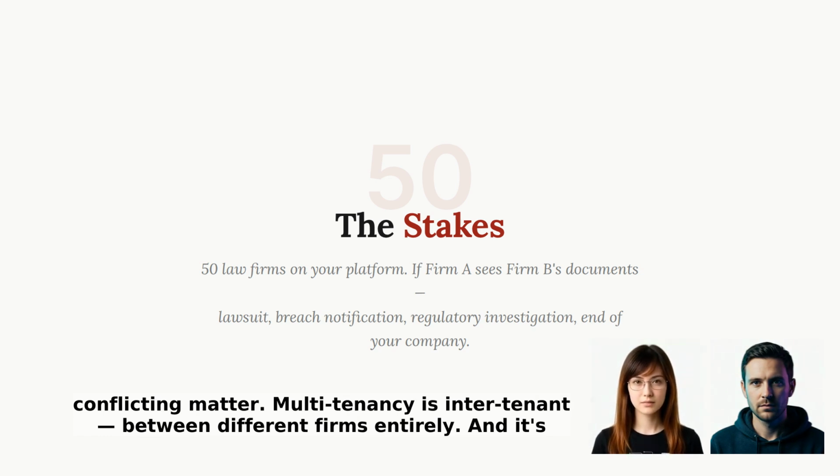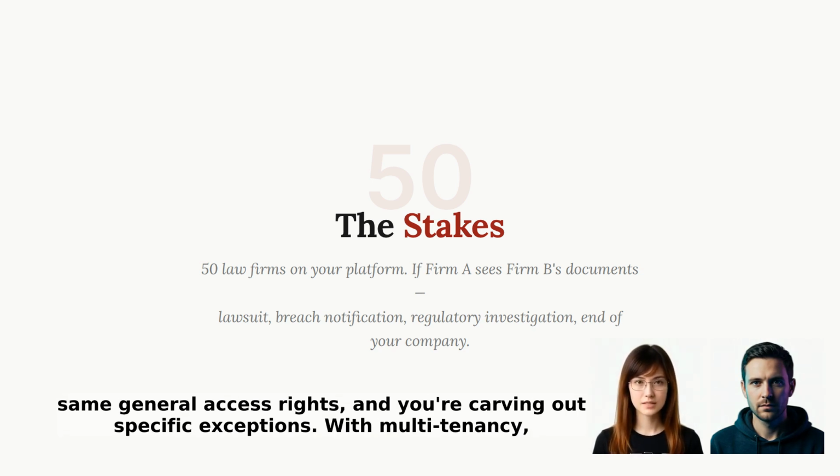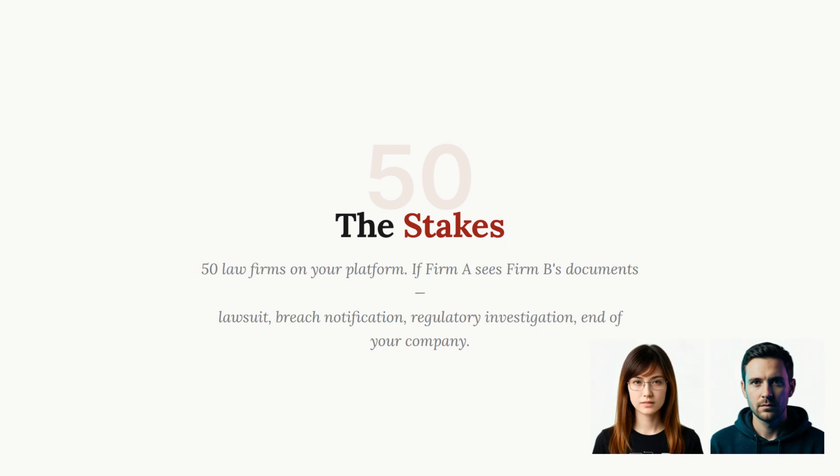Multi-tenancy is inter-tenant, between different firms entirely. And it's a different technical problem. With ethical walls, both users are in the same firm with the same general access rights, and you're carving out specific exceptions. With multi-tenancy, the two firms should have no awareness that the other exists. Their data should be as separate as if they were on different planets.